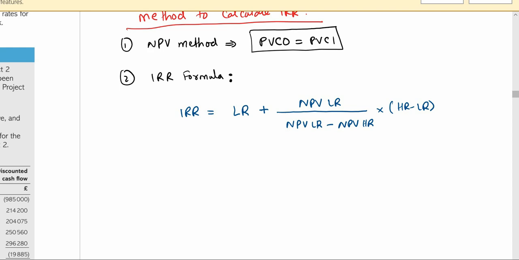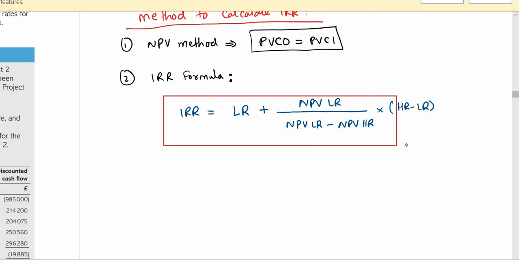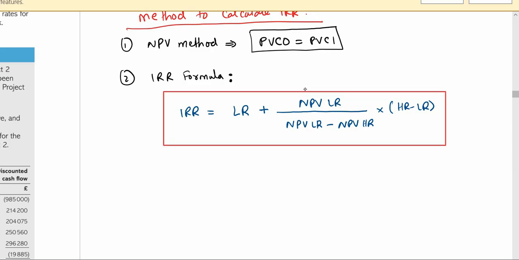This is the formula to calculate IRR. Just remember this formula, then we will solve some examples to calculate the IRR.